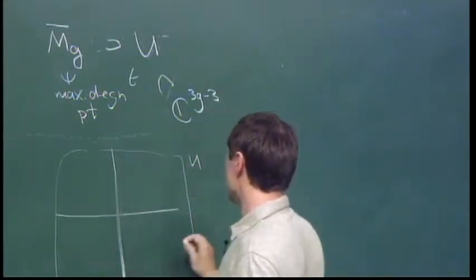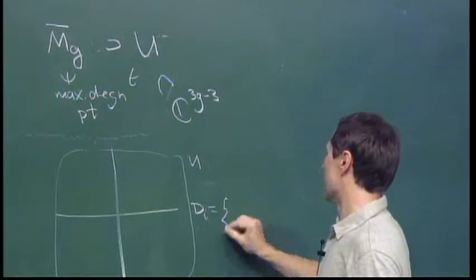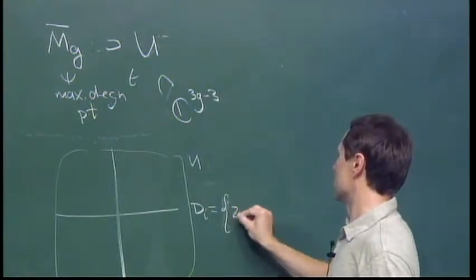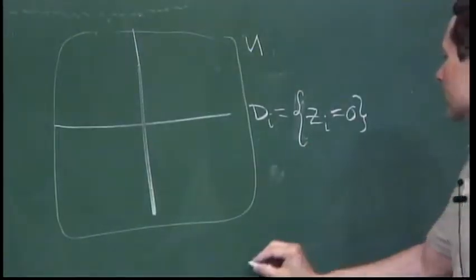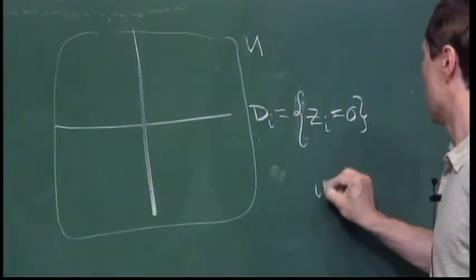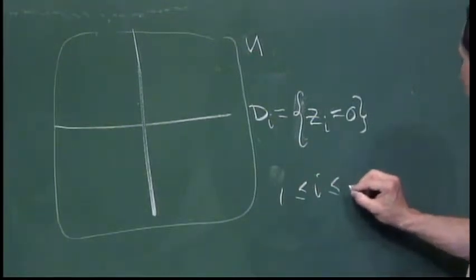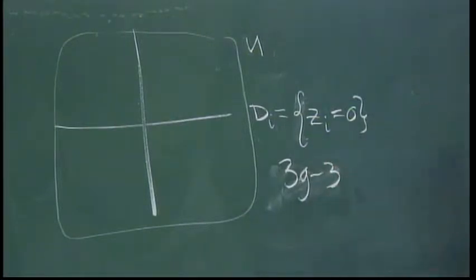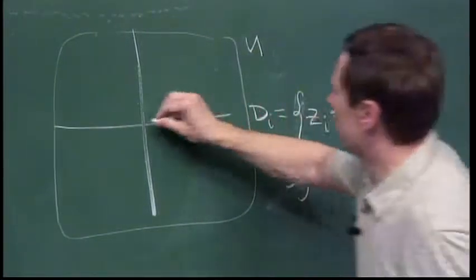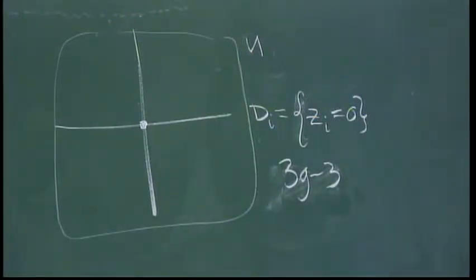Then there are 3g minus 3 divisors given by just the equation z_i equals 0, where i is from 1 to 3g minus 3. So 3g minus 3 of them. And this point represents a curve in M_g bar, which is maximally degenerate.